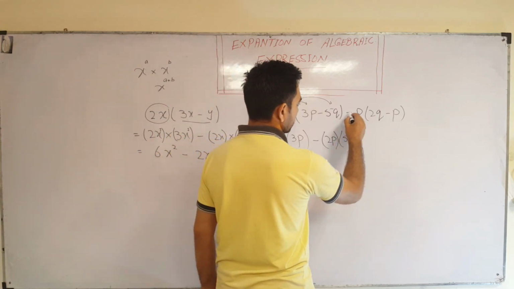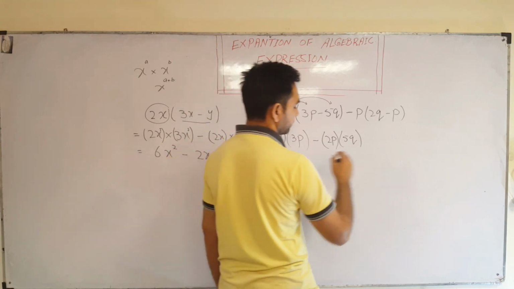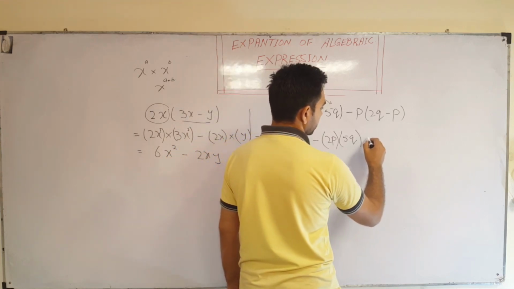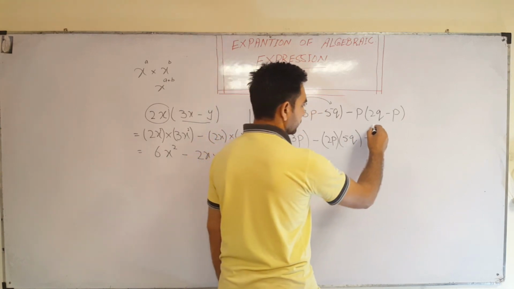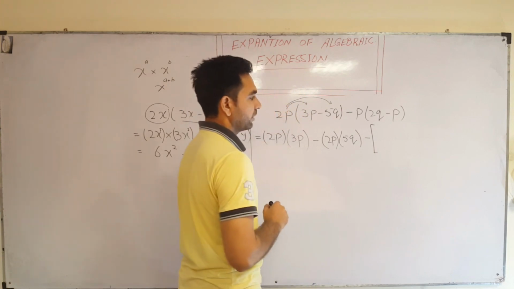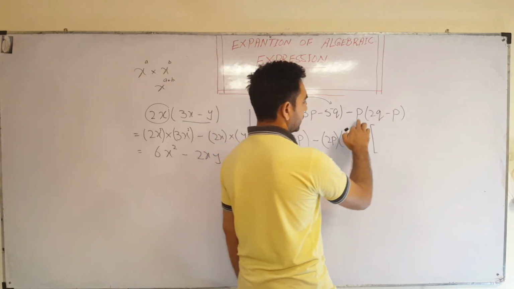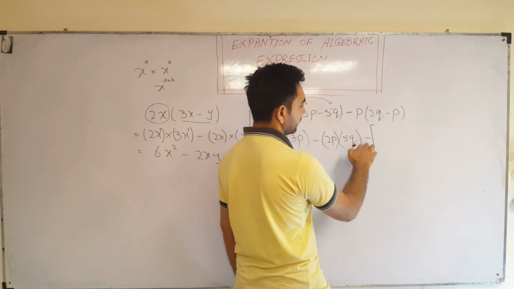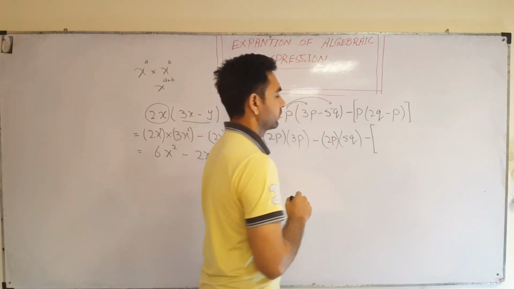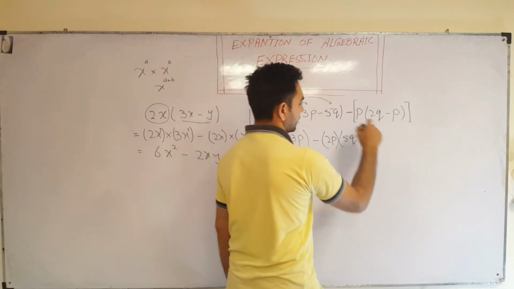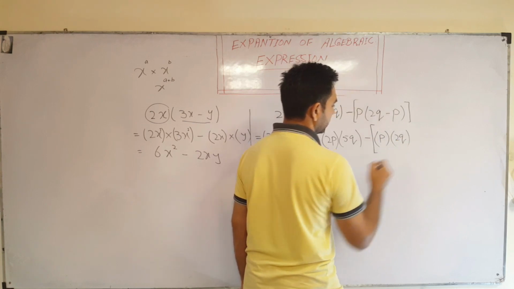Now, if there is a minus over here, you have to be very careful with that, right? So I will use this method. Just write down the minus, use a square bracket, and then do the rest of the calculations. Now you have to multiply p according to the method that we understood.